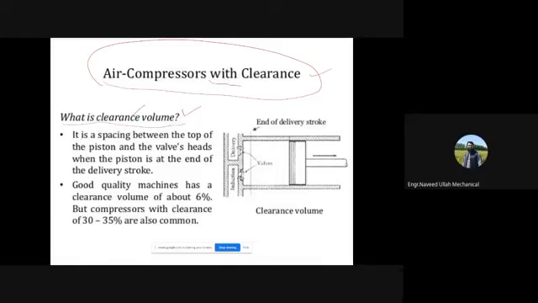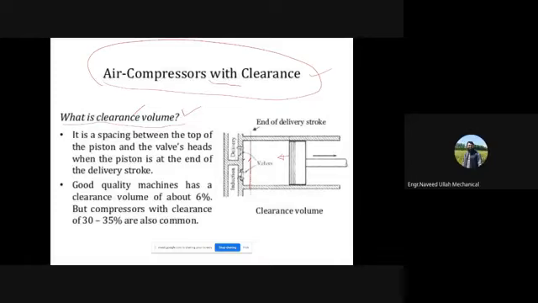It is a spacing. What is clearance volume? It is a spacing between the top of the piston. Top of the piston जो है ना वो ये है क्या? And the piston is moving in this direction, okay, and it comes to this point. What is this point? ये आगे डिस्कस करता है. And the valve head, ये वाल्व का हेड है.